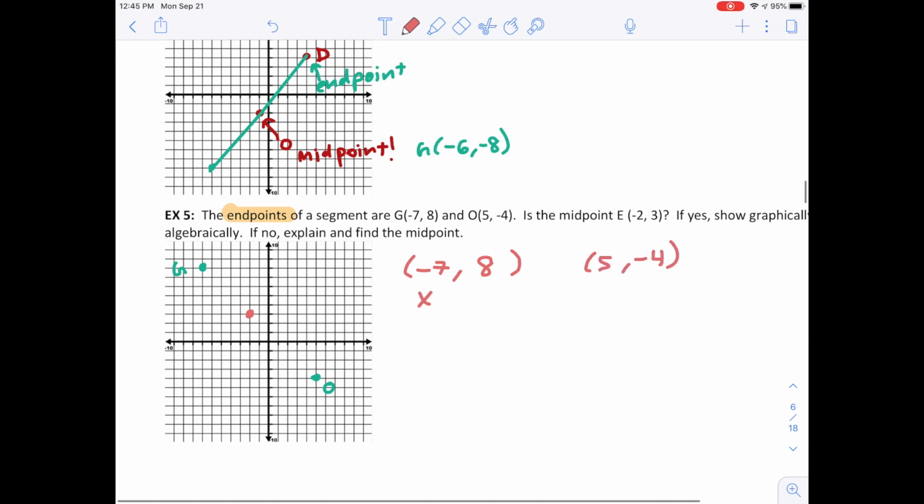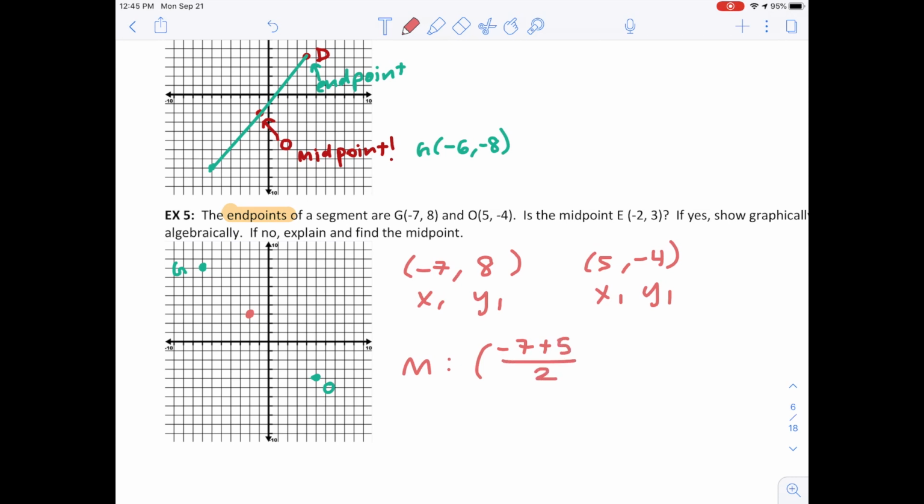Again, we're going to use the formula. The formula for midpoint adds up the two x values and divides it by 2, adds up the two y values, and divides it by 2.